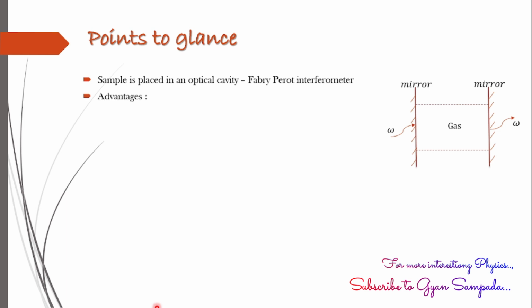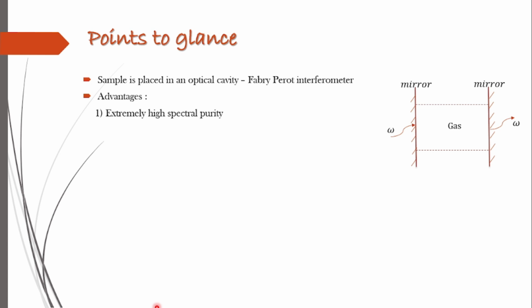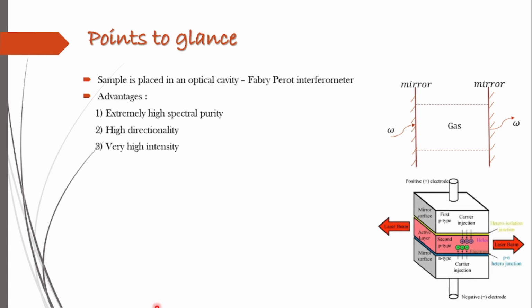The main advantages of a laser beam over conventional sources are that they have extremely high spectral purity, are highly directional, and high intensity is obtained. And for this, the necessary condition for lasing or laser action is modulus of alpha into 2L is equal to 1, where L is the length and alpha is the absorption coefficient.